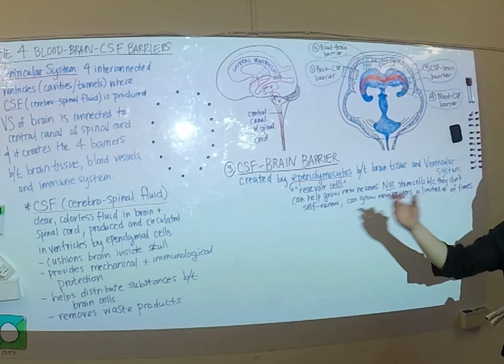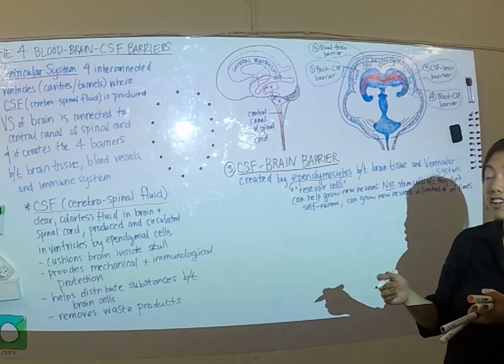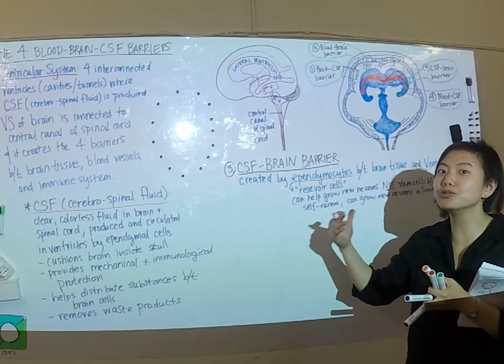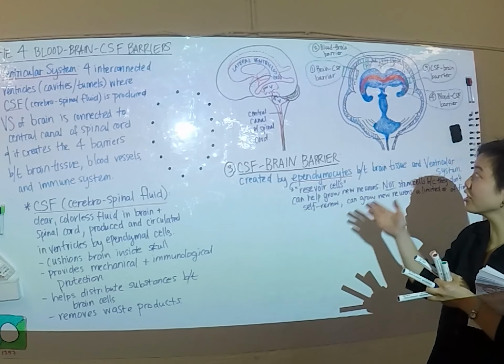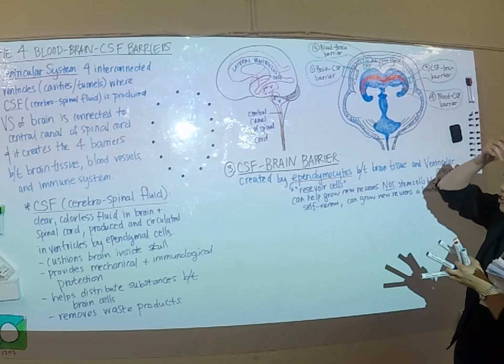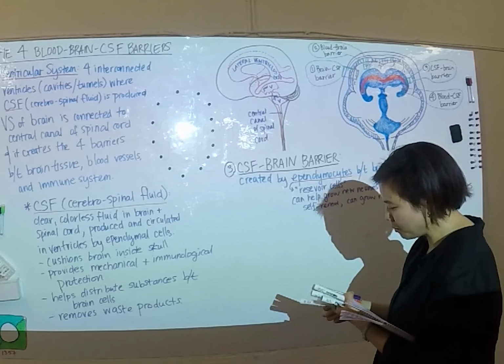So they can't do it forever. It's not like they can keep making new cells forever and ever and ever. There's a limit, but they can help grow new neurons. And generally where it happens is here, right next to the ventricular system. Okay, so let's draw this barrier.